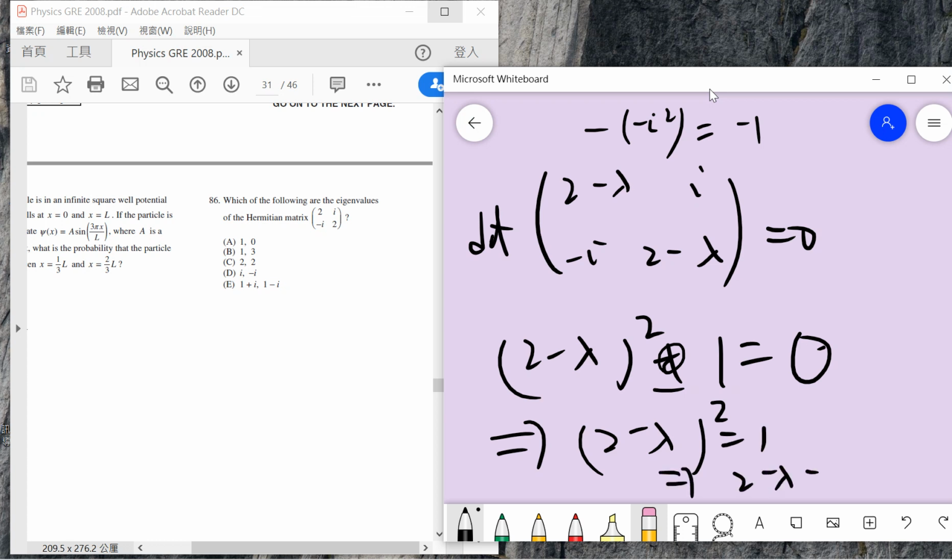So 2 minus lambda is plus or minus 1, so lambda is 1 or 3. Yes. So the answer is B. By the way, this matrix is Hermitian, so you need to know the eigenvalues of a Hermitian matrix must be real. So you can easily eliminate D and E.